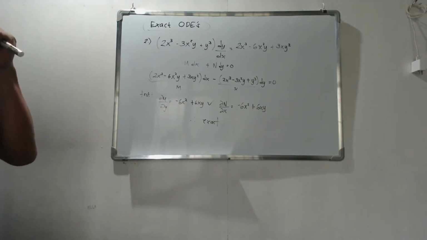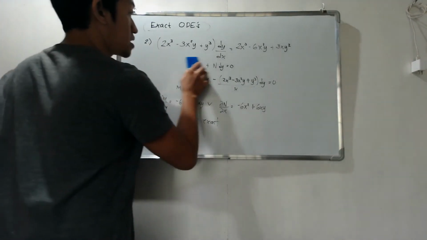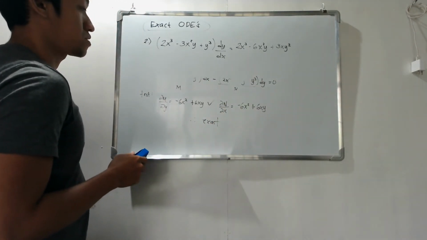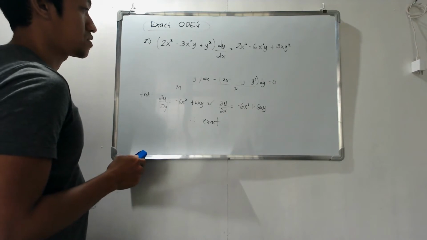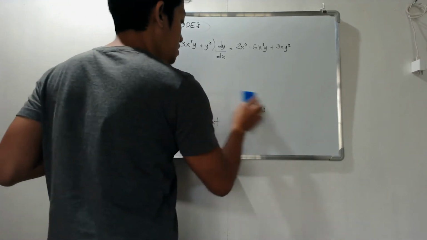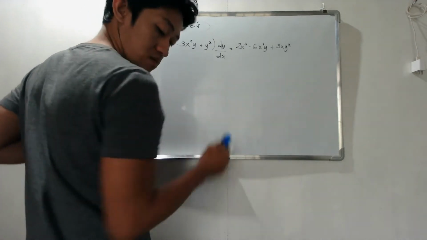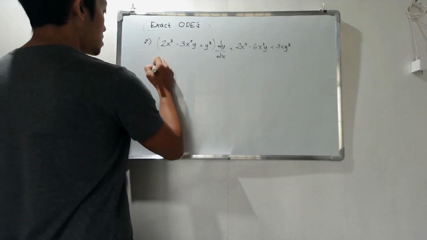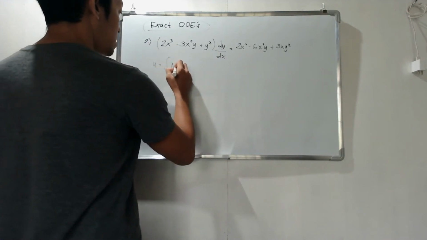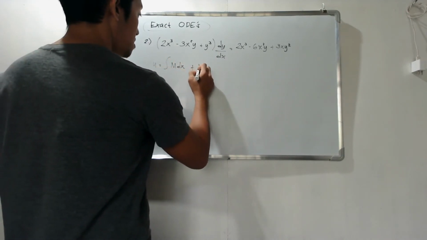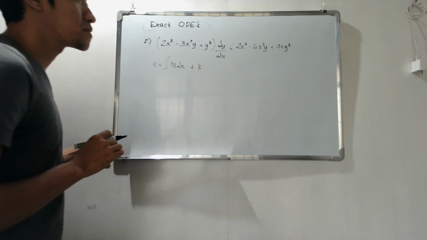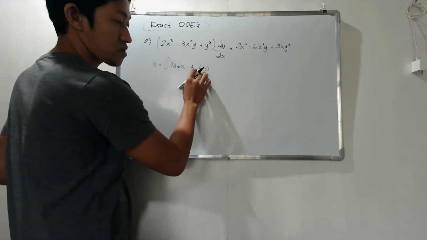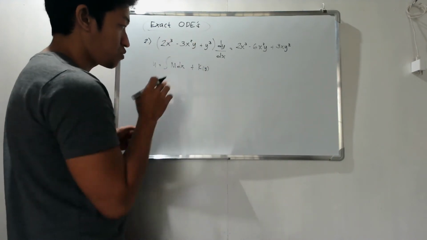Then we use this one. U is equal to integral of m dx plus k. Sometimes they put k of y.